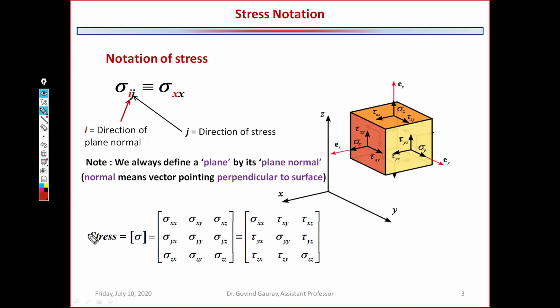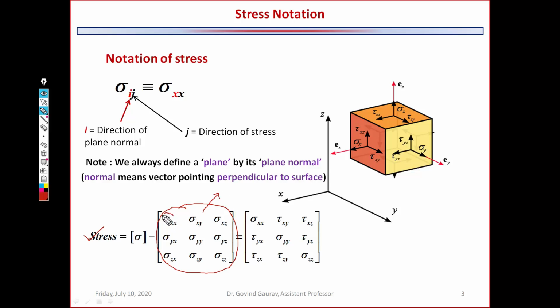Now to define the general state of stress at a particular point, it is defined by the following matrix. So if we are interested in finding stress at a particular point, the number of components we need will be altogether 9.